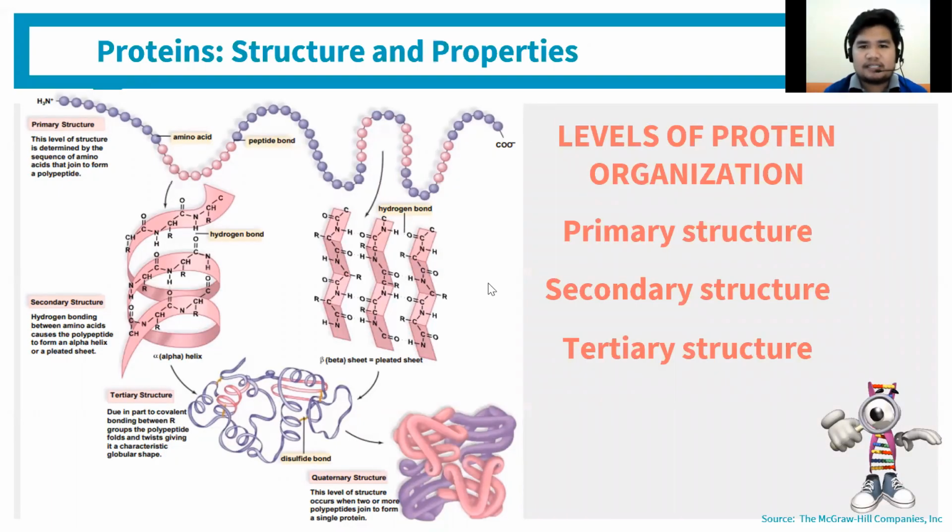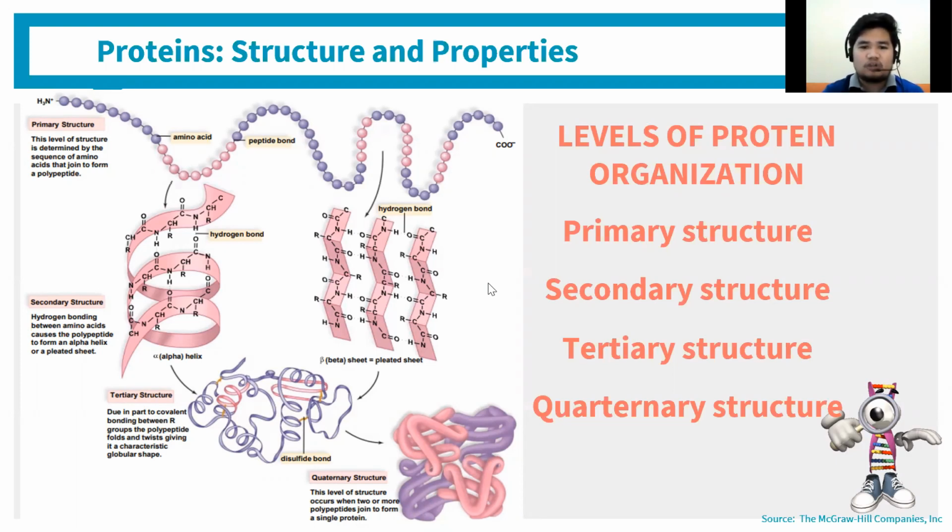Karamihan ng proteins nasa primary, secondary, and tertiary structure lang. Okay? Pero may mga proteins na binubuo ng maraming subunits or more than 4 polypeptide subunits. So, ang nangyayari, na-form nila kapag nagsasama-sama yung mga polypeptide subunits na yun, na-form nila yung quaternary structure or the fourth structure or fourth level of protein organization.